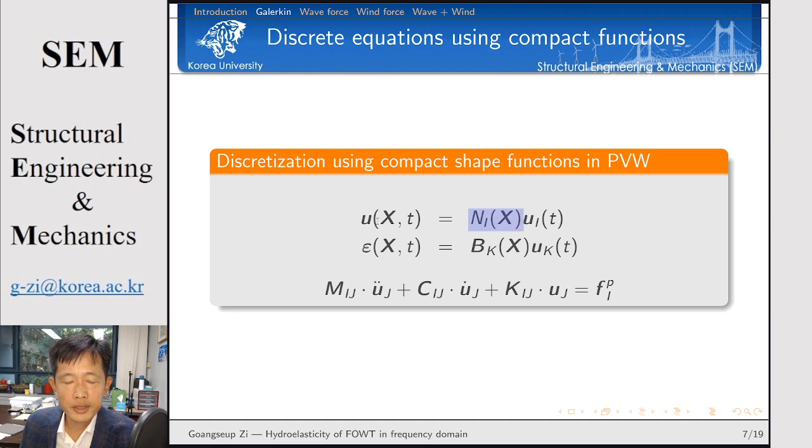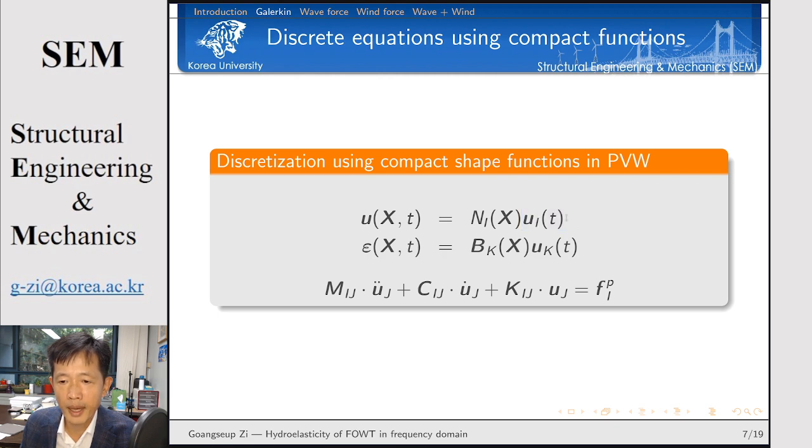Here we follow the standard finite element method, and please refer to my lecture note regarding the finite element method. The displacement field is a function of the coordinate x and time. According to the standard finite element method, we separate the function into shape functions depending on spatial coordinates, and the time function is kept in the nodal displacement.